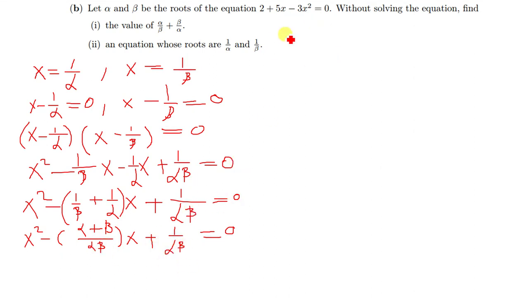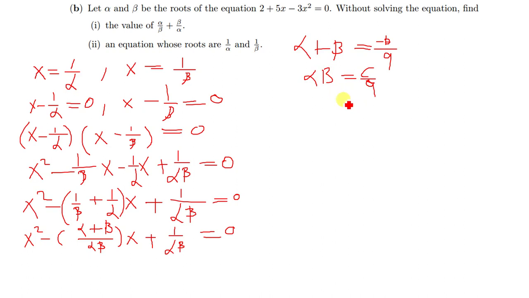How do we get those things? We know that alpha plus beta is just equal to negative b over a, and alpha times beta is just equal to c over a.